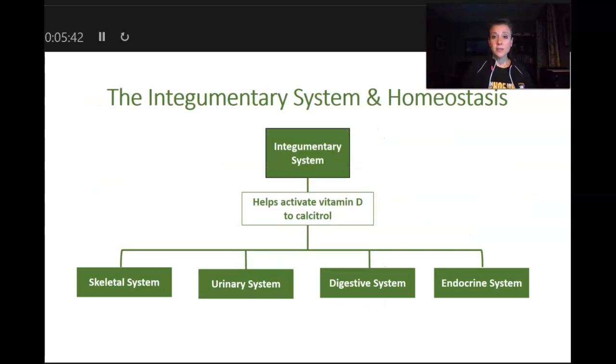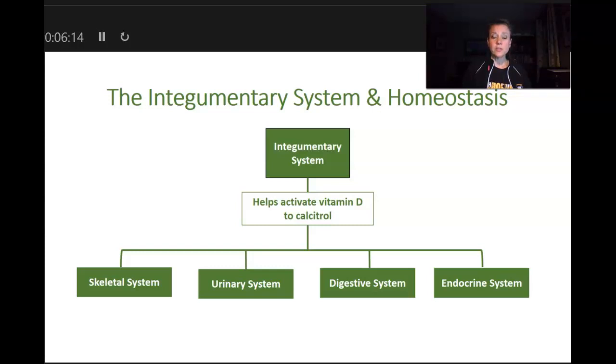So the calcitriol is going to stimulate our skeletal system to take up calcium from our blood. So calcitriol is going to help to strengthen our skeletal system. It's going to stimulate the calcification process, or the deposition of calcium salts around the collagen that's found inside of the matrix.